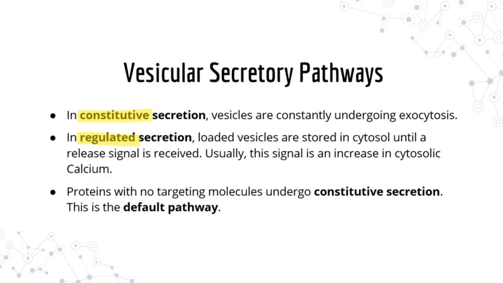And this is a part that is also very, very important to remember, okay? So this is a part that also we're going to correlate with some diseases. So you have two types of vesicular secretory pathways. One way is the way that we are talking about, that is a regulated type of secretion.